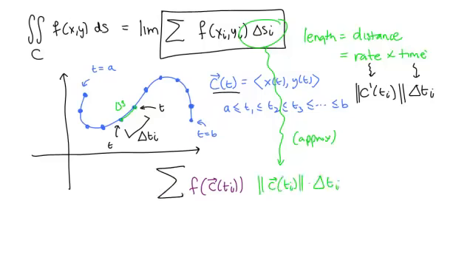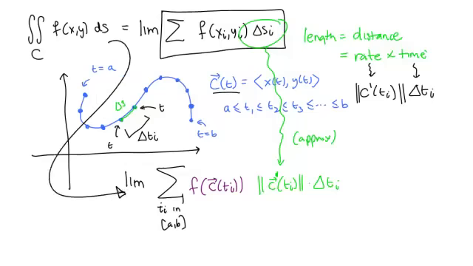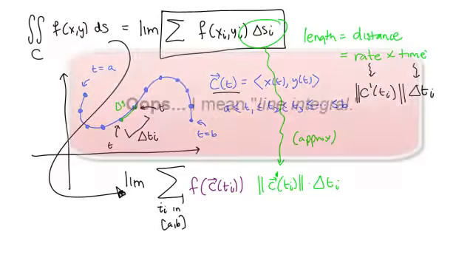And so a Riemann sum would take the form of adding up f of c of ti times the magnitude of c prime of ti, times delta ti, where we're now adding this for the ti values in the interval a, b. Now, if we go and take a limit of this, our approximations will become exact, and so this will give me a second way of describing this integral.